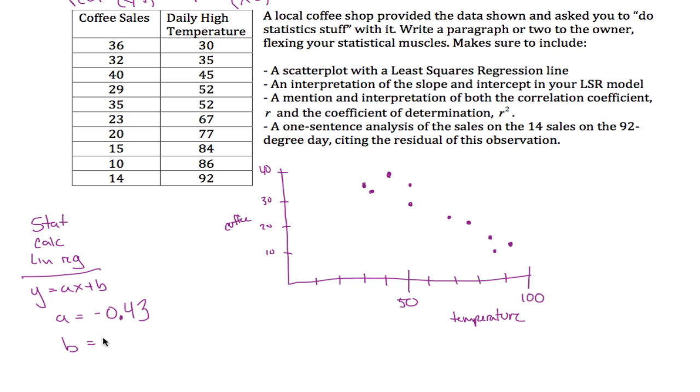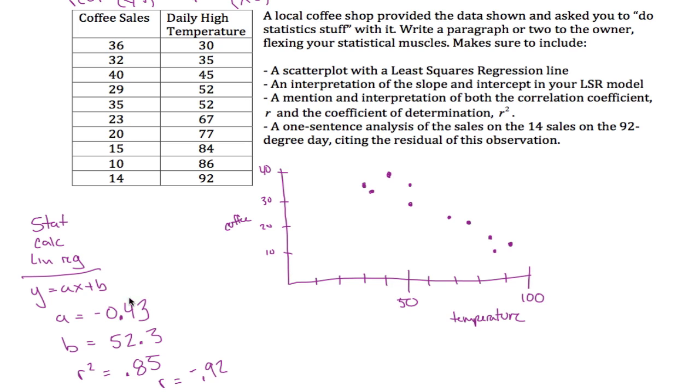And b is equal to 52.3-ish, if you round it off. And then r squared, they tell you is about 0.85, and r is about negative 0.92.